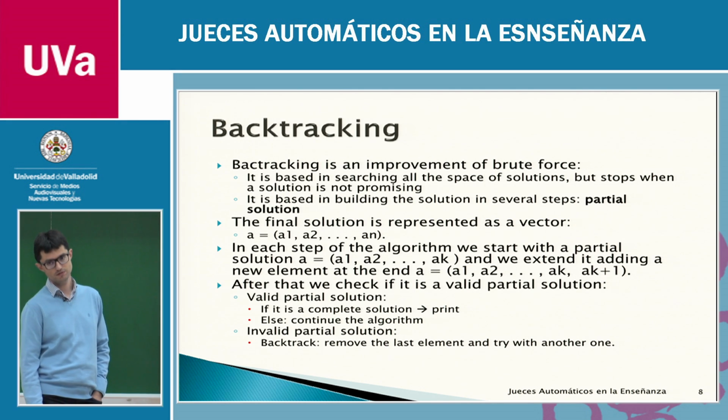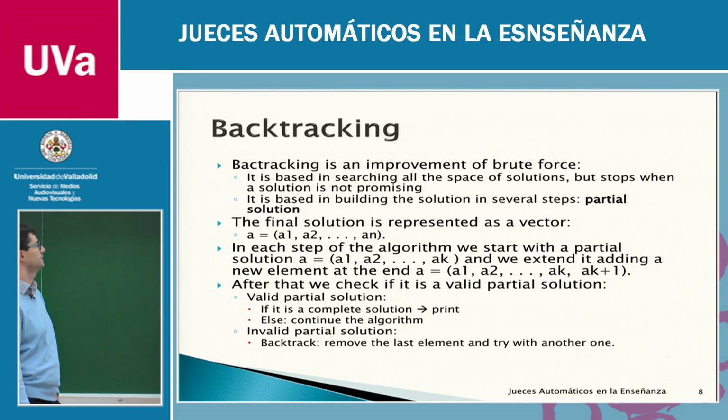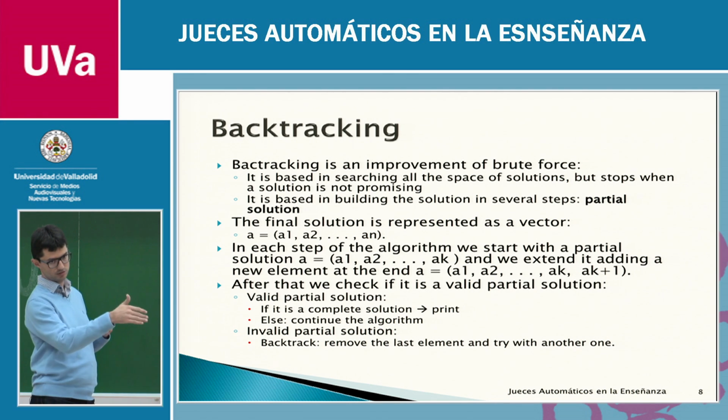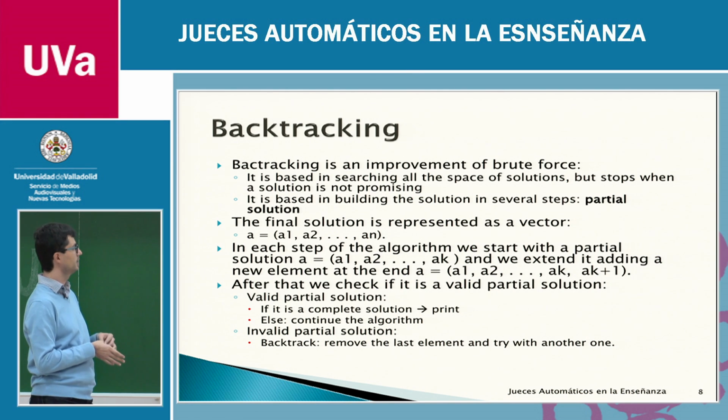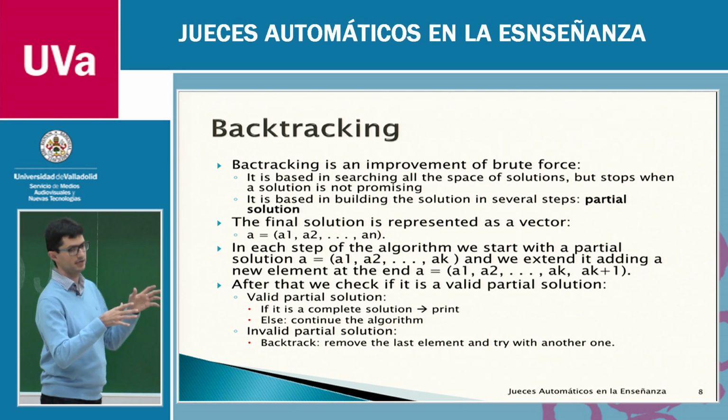A modification of these solutions is backtracking. The idea of backtracking is to build the solution in several steps. So if in the middle of the solution building you find that it's not promising, you can stop. Let's say some of the problems end up making a tree.